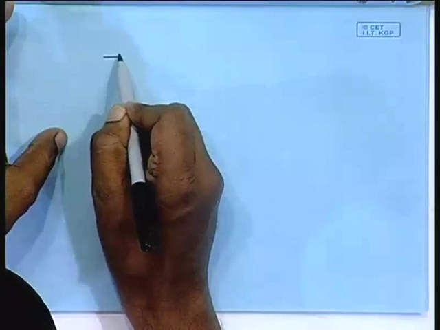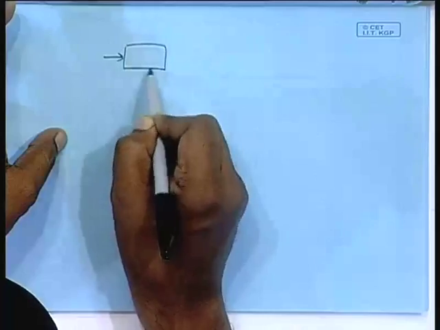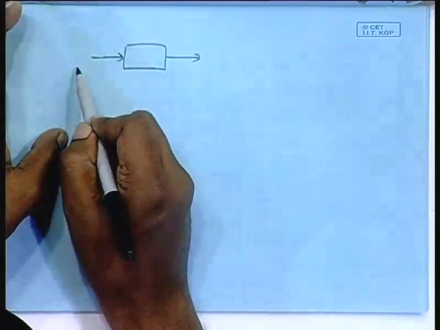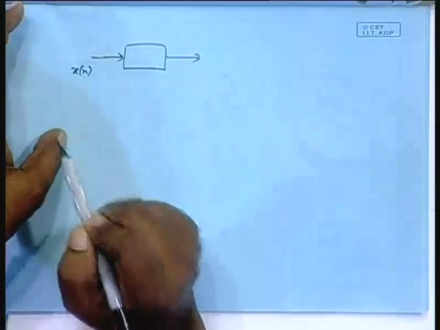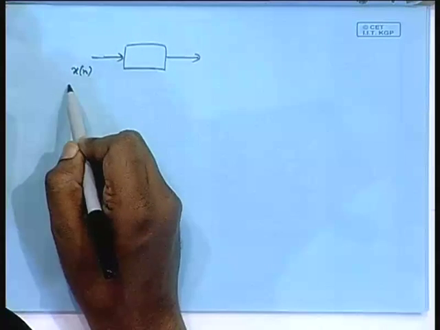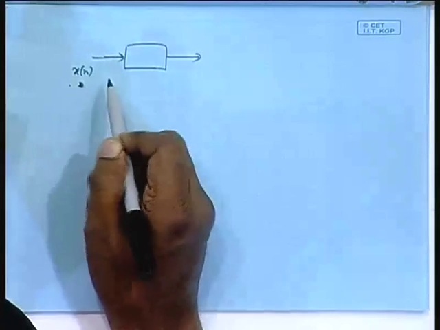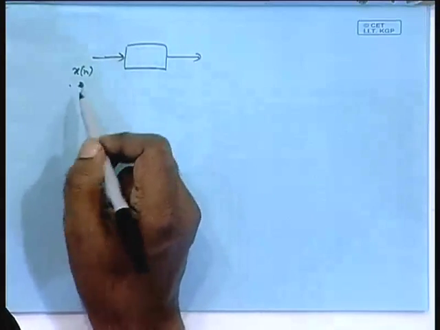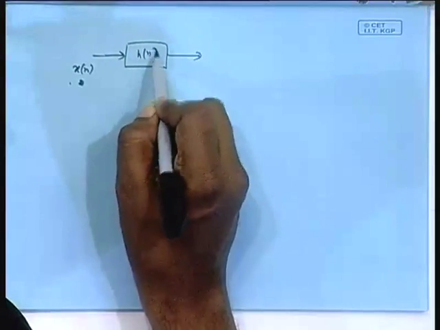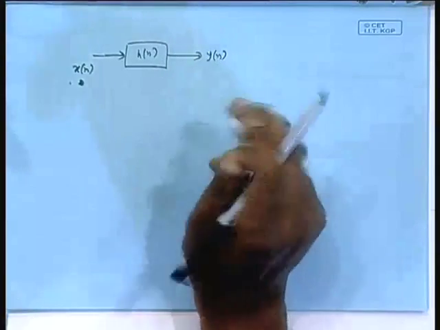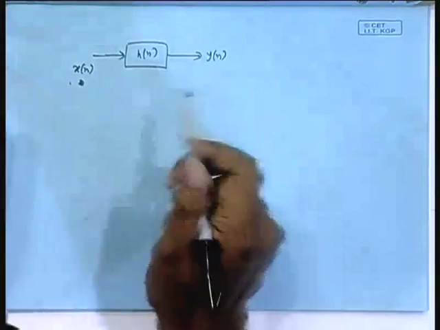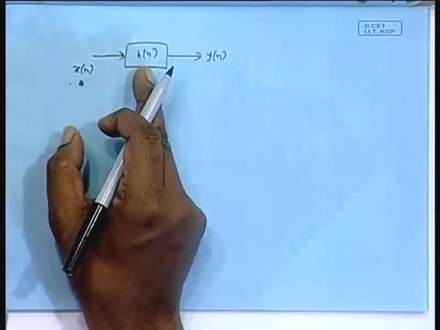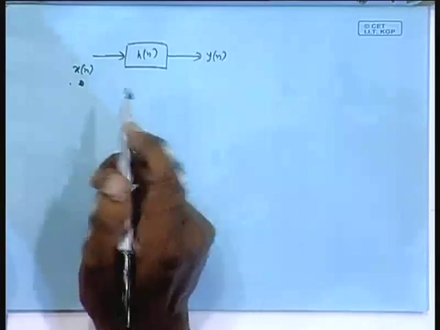Now look at this, suppose I have a finite length sequence x n and h n, and this is say y n. x n and h n are finite length. For the time being, suppose you assume that both are the same length.